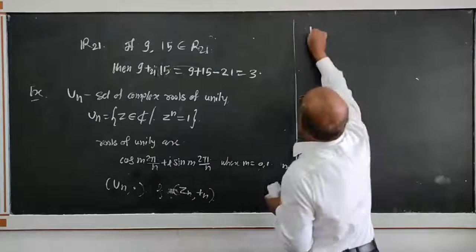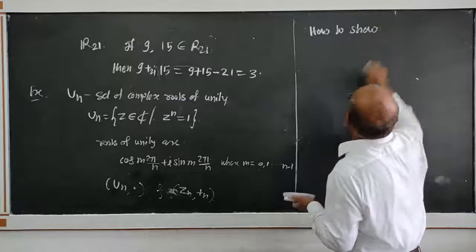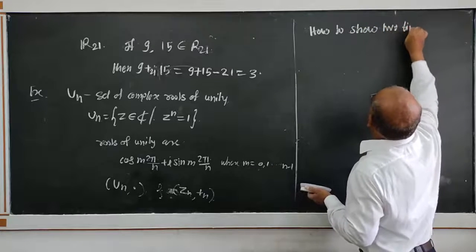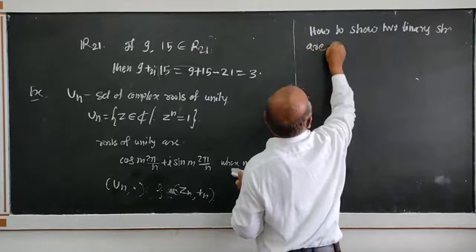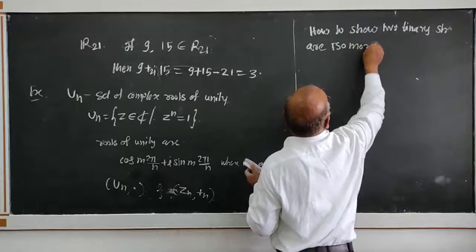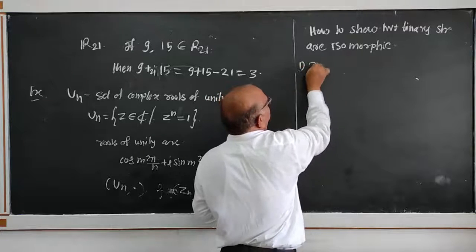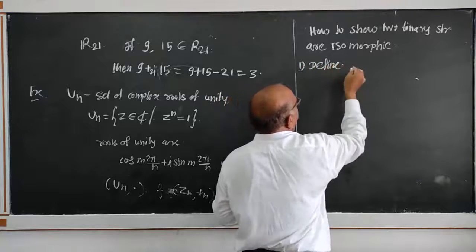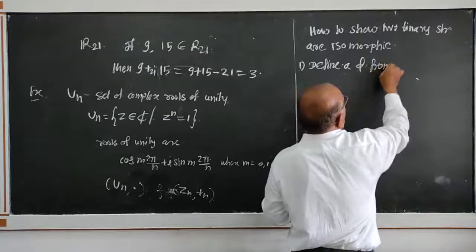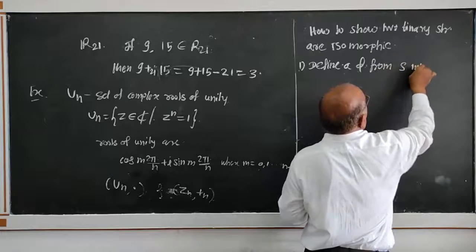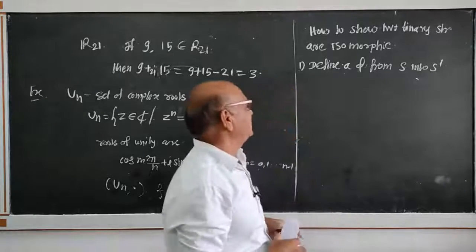Then how to show two binary structures are isomorphic? First, define a map phi from S into S'.